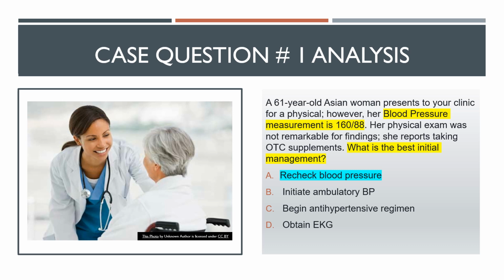If BP is elevated for 2 to 3 consecutive visits, and ASCVD risk is less than 10%, then lifestyle modification strategies should be initiated. Other answer choices are only required if there is a compelling indication. For example, you would initiate ambulatory BP measurement if the home BP differs from office BP measurements.